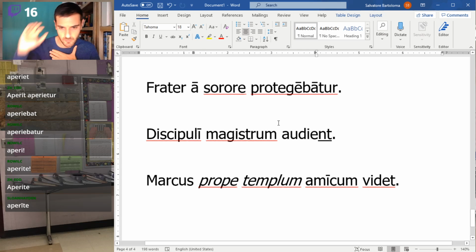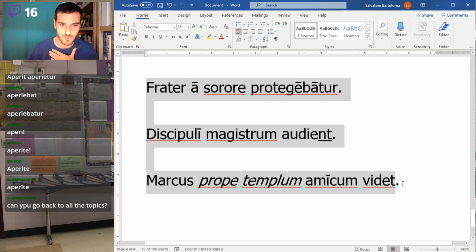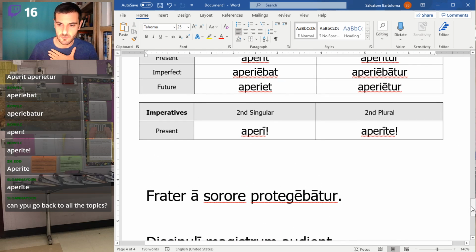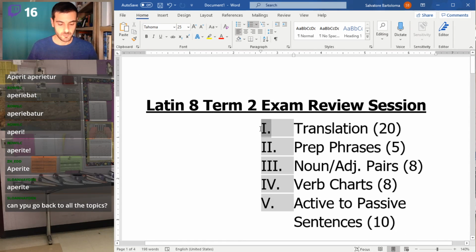Max, we looked over these sentences in your class. I saved them for everybody else. So if we do get a chance to go over these, I know you will be the expert on these. But Sloan, absolutely, I can go back up.